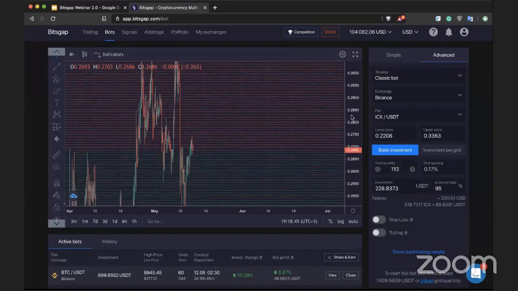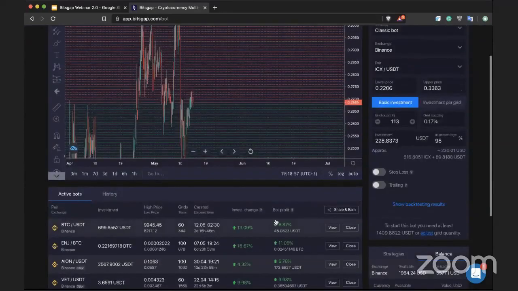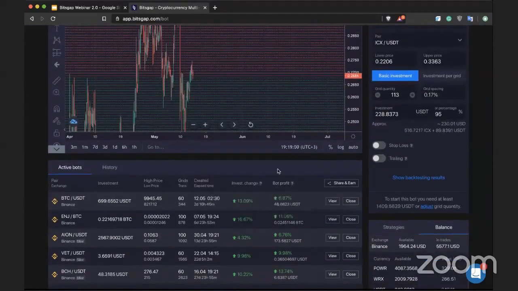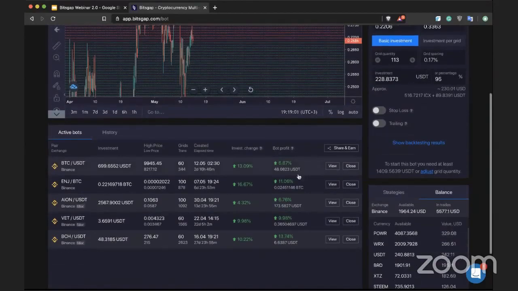So you don't have to worry about the fees because all of your profits are net of all fees. So we calculate the fee for you and then we deduct it from the profit. So the profit that you have here, which is bot profit and the investment change, is net of all fees.